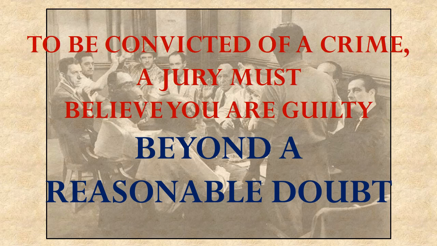The doubts can't be, oh, he's too cute to do something like that. Okay, that's not a reasonable doubt. But on the other hand, if it's, well, oh my gosh, I don't think those were his fingerprints on the gun, then that's something that could raise reasonable doubt. And if a juror has any doubt like that, they're supposed to let you go. Now, they still may think that you're probably guilty, but if they have doubts, they're supposed to let you go.